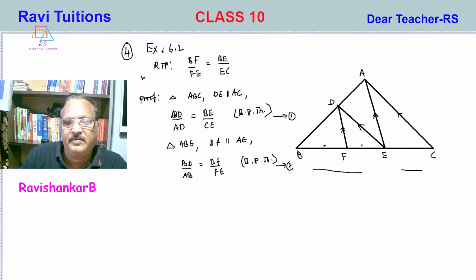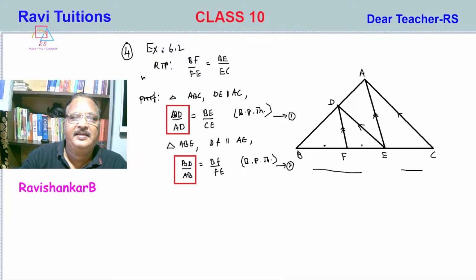This is also the basic proportionality theorem, second equation. Wherever I can apply the basic proportionality theorem in this figure, I have applied it. Just compare the first equation and the second equation. The left hand sides of both the equations are the same. I'm sorry, here I have to write BD by AD, not AB. So the left hand sides are equal. Therefore the right hand side of 1 is equal to the right hand side of 2.